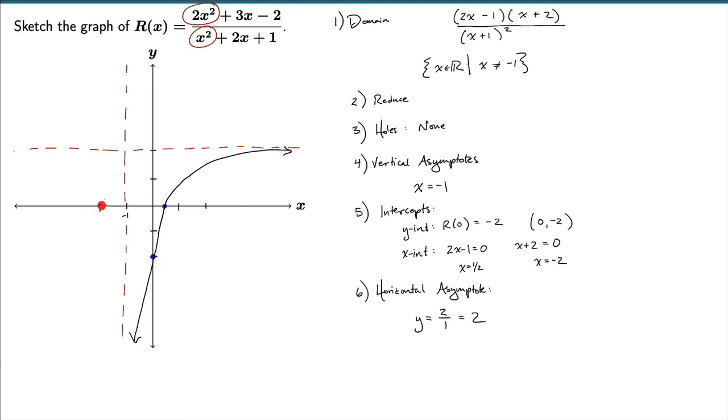Over here, however, we've got another story. There are a couple of options. We could follow and bounce off, and then go up. Or we could follow and cross through and then follow down here. So we need to know the behavior of the function at this zero. That comes from looking at the factor that x equals negative 2 came from, x plus 2.